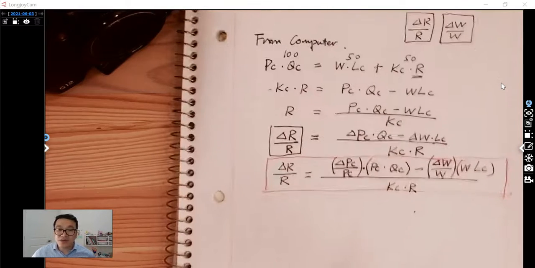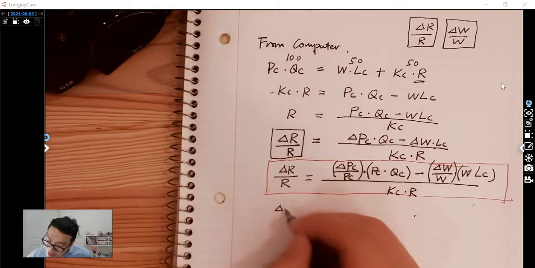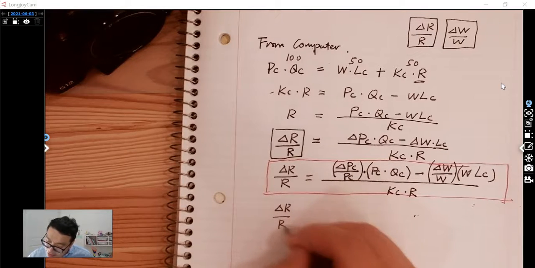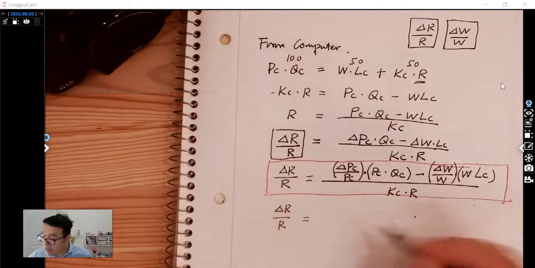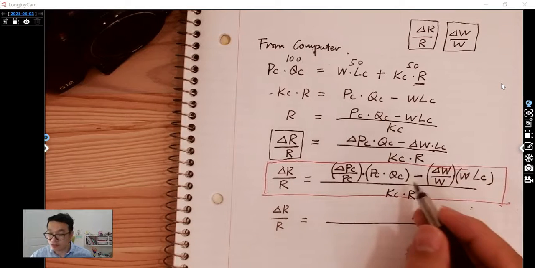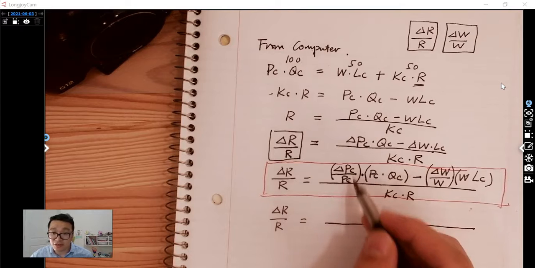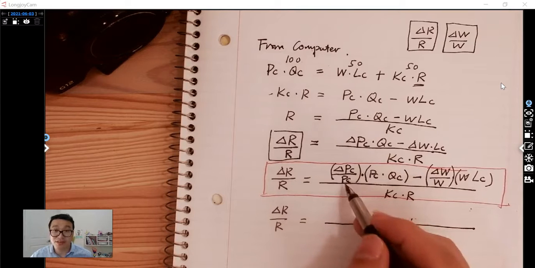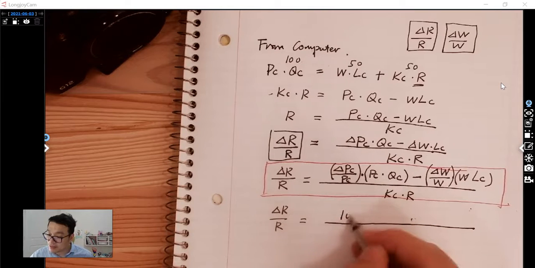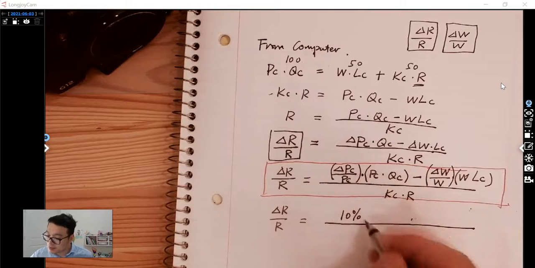All right. So from this equation, we know delta R over R is something we try to solve. In this ratio, in the numerator, delta PC over PC is the percent change in price of computer, which is given as a 10% increase in computer price, and PC times QC, which is 100.